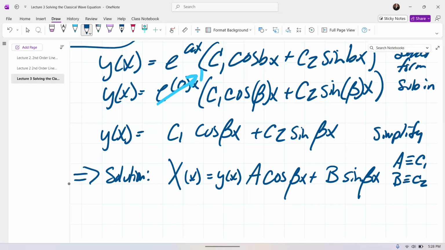This just is to match reading. That's generally how textbooks call them. Math books tend to call them c1, c2. Physical chemistry tends to call them a and b. So I've just changed them out, but it means the same thing. This is the general solution.